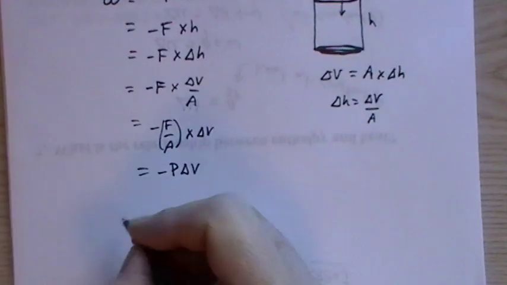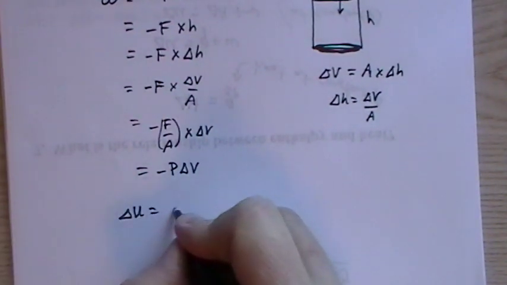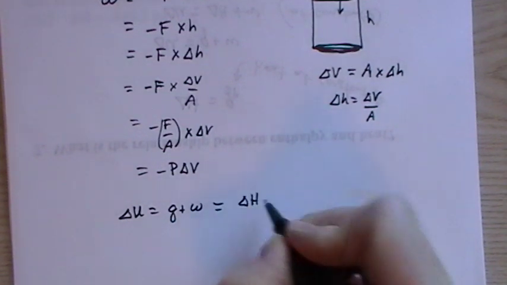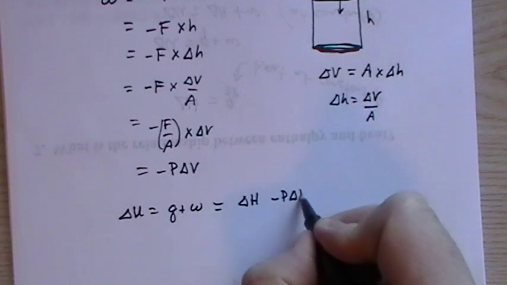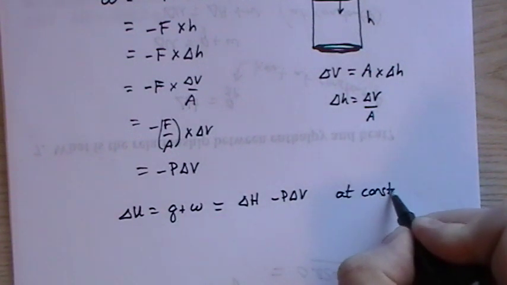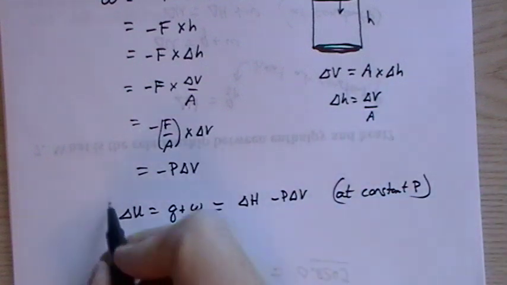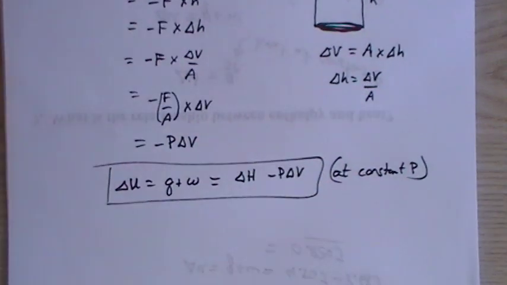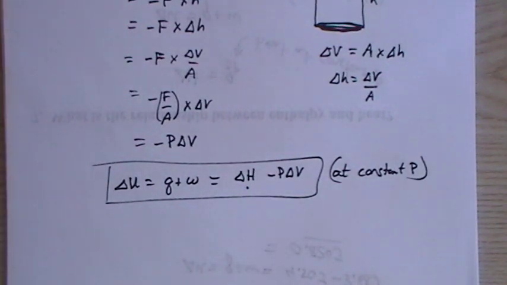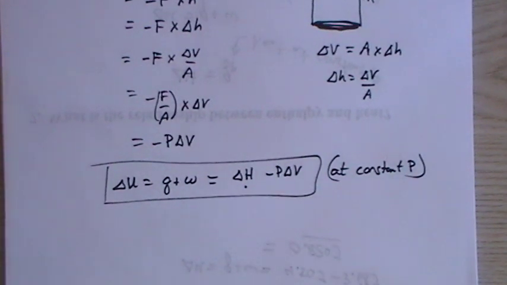And if we do that, then our internal energy, which is Q plus W, at constant pressure, is going to be delta H minus P delta V. So at constant P, if we know the delta H, which was given in that problem, and P delta V, then we can solve for delta U.